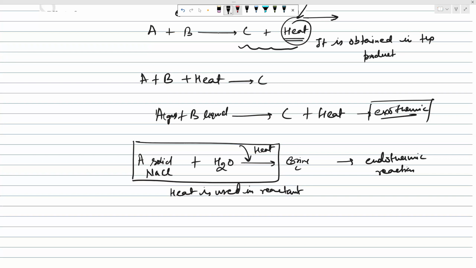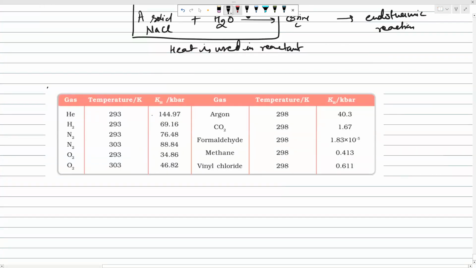So here is the table for helium. The temperatures given are all 293 or 298 Kelvin. Here the value of kh, Henry's constant, is in kilobar, and this value is given for helium.